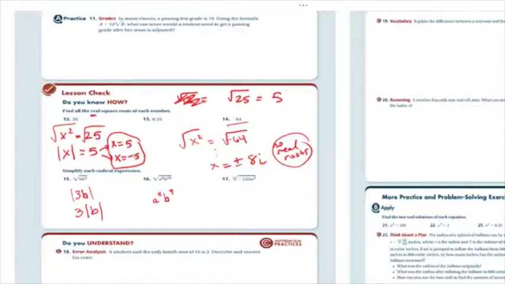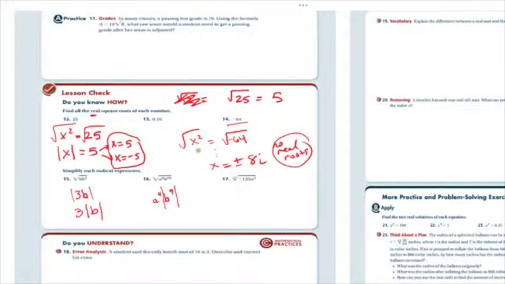B to the 9th, I'm not sure whether that's positive or negative. So what you'll see the book doing is not putting absolute values around all the variables, only around the variable that really needs it, the one that might be yielding a negative. We know that coming out from an even root, we should have a positive answer, so we're making sure of that. And then this one is an odd root, so we don't need to worry about it.